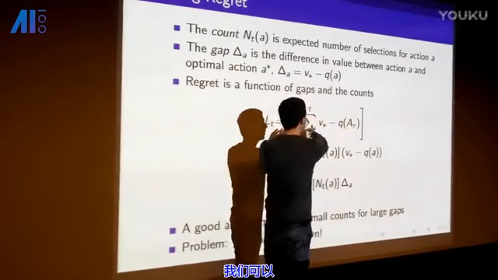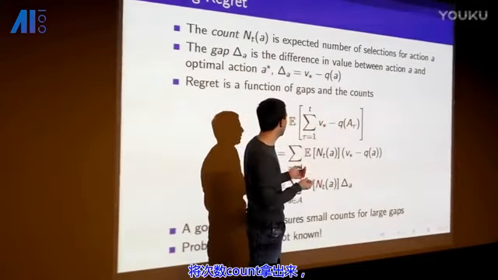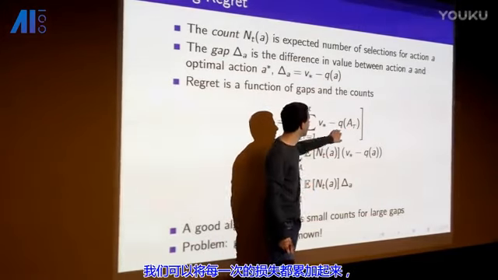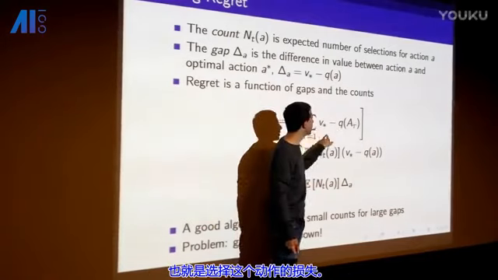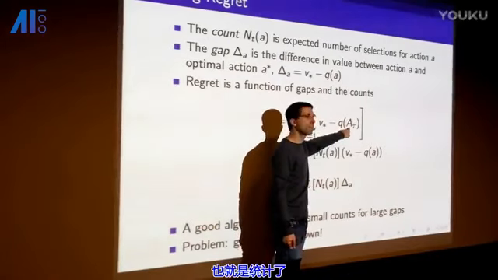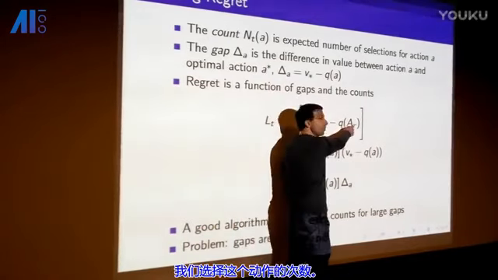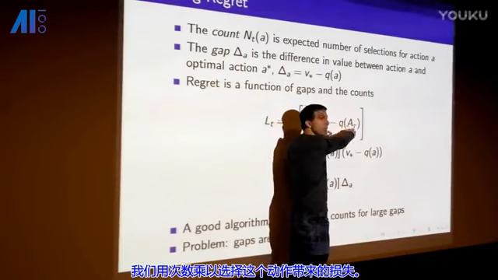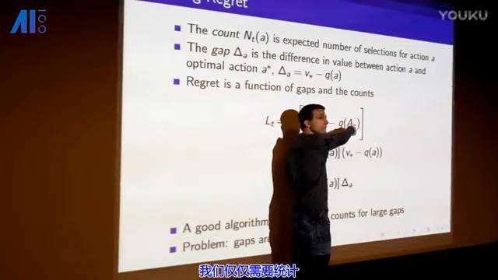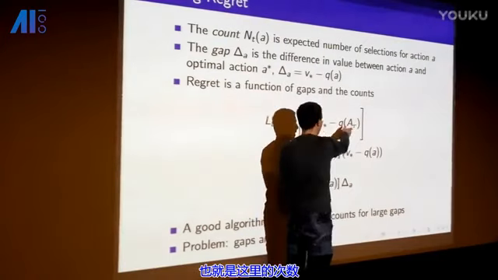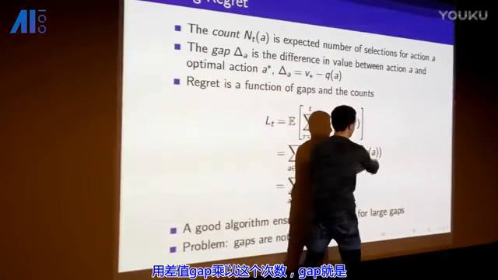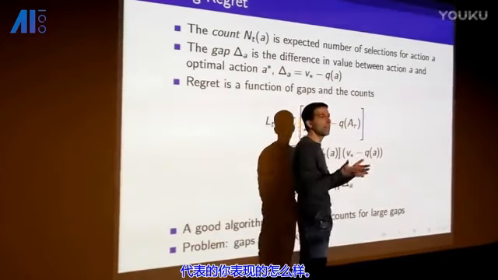And then we just sum those things up, and we see that basically we can just pull out the counts now. We can say, well, if we're just summing up how much we lost each time we picked this action, then that's the same as counting how many times we chose this action and multiplying it by how much we lost each time we did pick that action. So we just have to count how many times we picked this action, that's our count here, and multiply that by this gap, like how much worse that action was than usual.